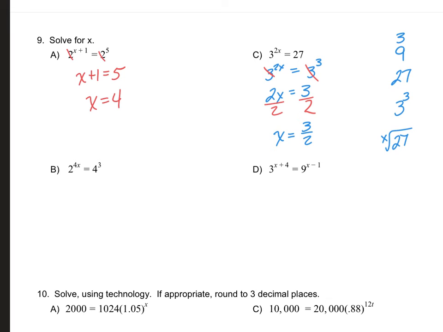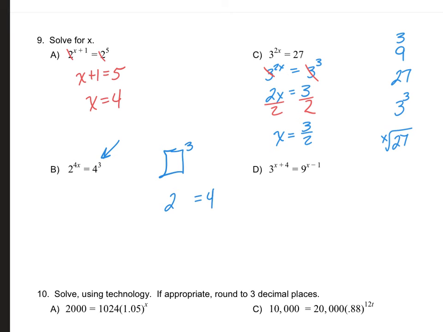Now we'll move to letter B. We also recognize that these do not have a common base. Let me again encourage you, do not divide. A lot of times we see numbers like, oh, they've got a common factor. Well, a lot of times they have a common factor because they're both from the same root. But we cannot divide by 2 here. What we need to do is find a common base of 4 with 2.